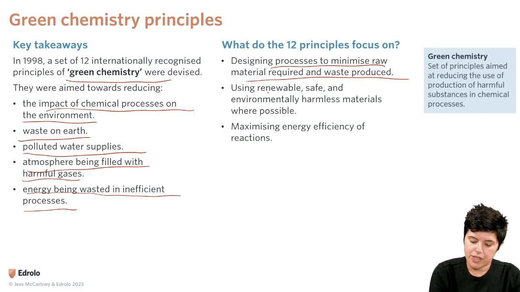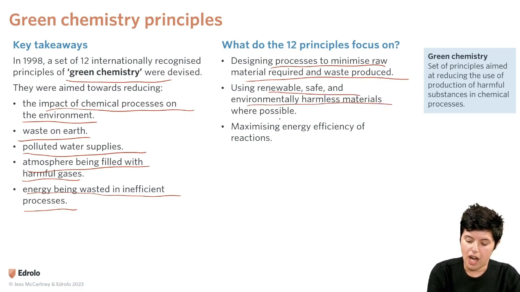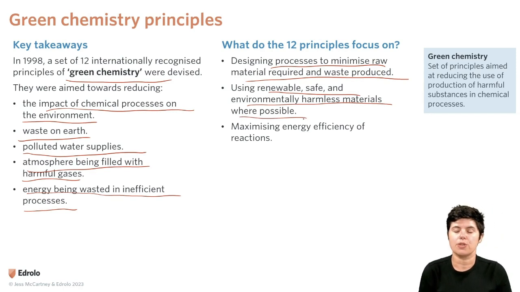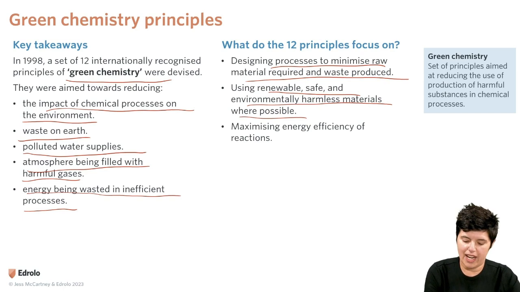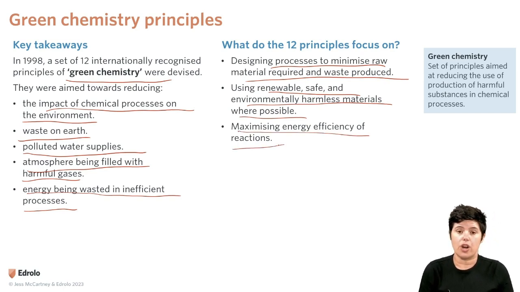Using renewable, safe and environmentally friendly, harmless materials where possible. So this could be examples of using water as a solvent instead of a harmful solvent such as benzene. And maximize energy efficiency of reactions. So trying to find the quickest way possible for the reaction, but without producing those harmful side products.